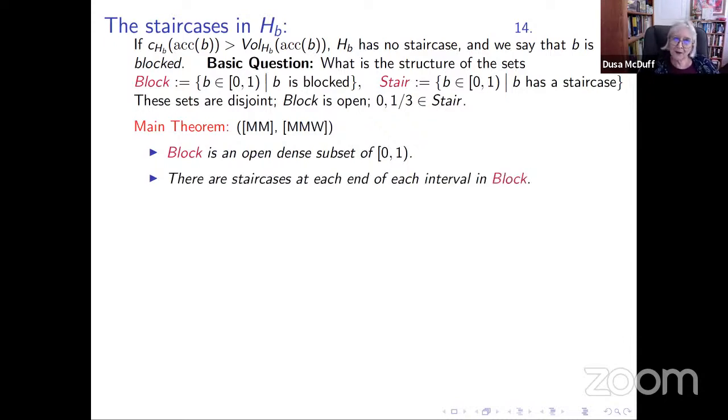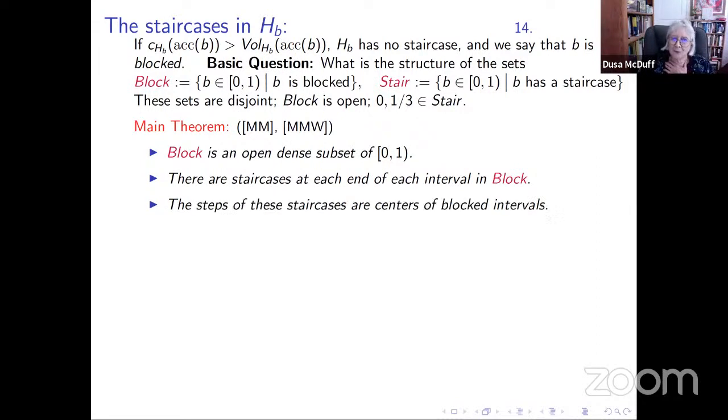And the other thing we found, which we had inklings of in our first paper, and we've expanded our understanding of this, is that each interval in block is blocked by a particular class, and the staircase is at each end of those intervals. So there are ascending staircases at one end and descending staircases at the other end.